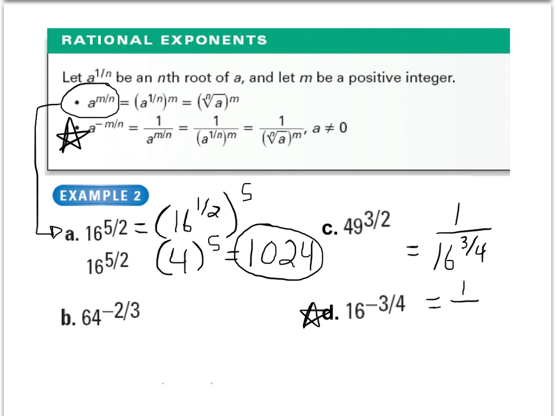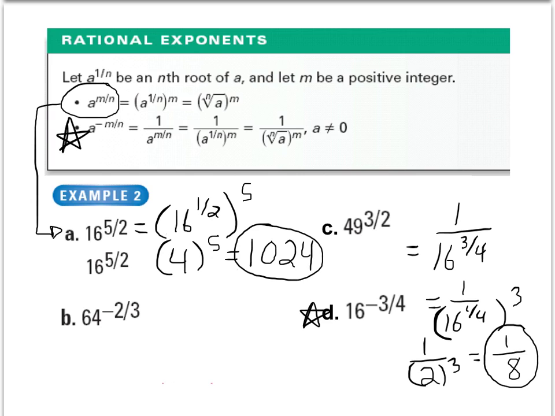So we have 1 over 16 to the 1/4 raised to the third. Now we know the fourth root of 16 is just 2, and we still have the third. So 2 to the third is 8.